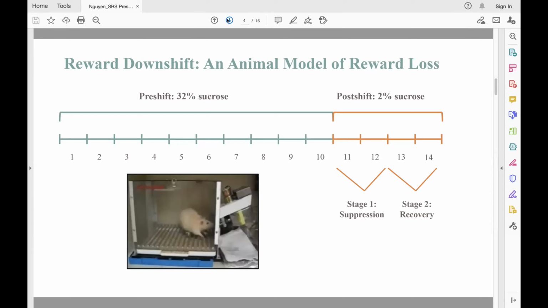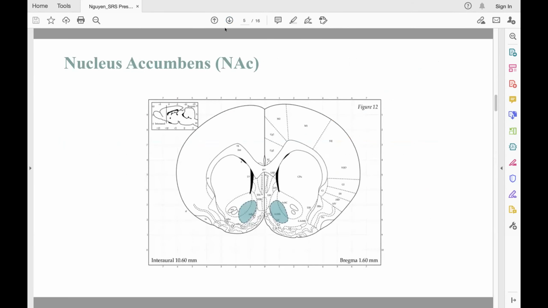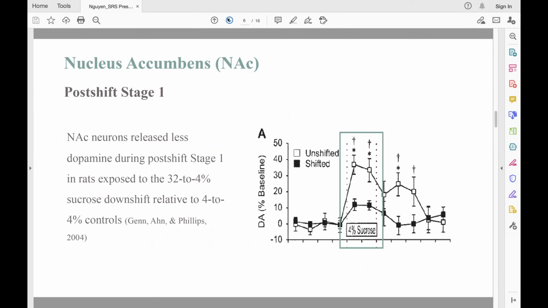Using this animal model of RD, research has explored many brain areas and pathways involved in reward loss. But within the scope of our study, we will only be looking at the nucleus accumbens, or NAC, within the context of RD. The NAC is a subcortical area in the basal forebrain. One study shows that during post-shift stage 1, NAC neurons release less dopamine in downshifted rats compared to unshifted controls.